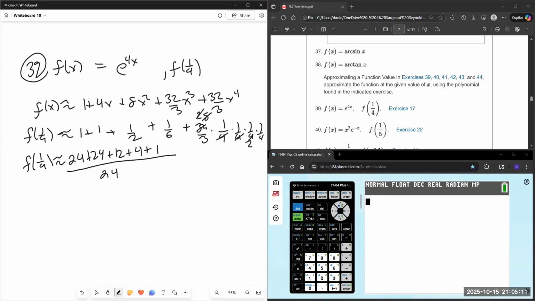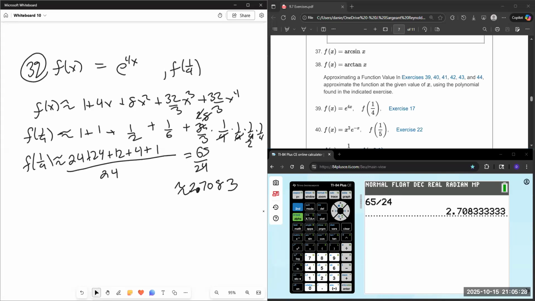That's 48, 64, 65 over 24, and 65 over 24 is approximately 2.7083. And there's my decimal approximation of my answer.